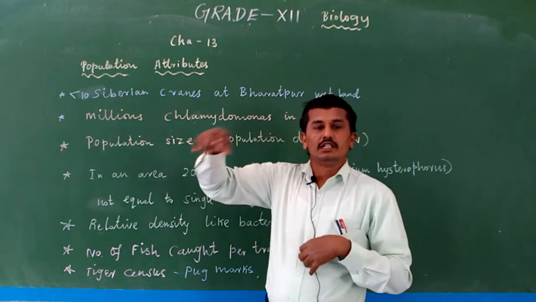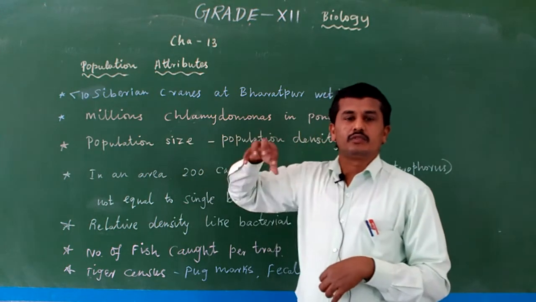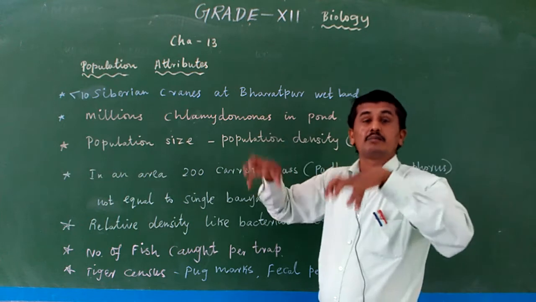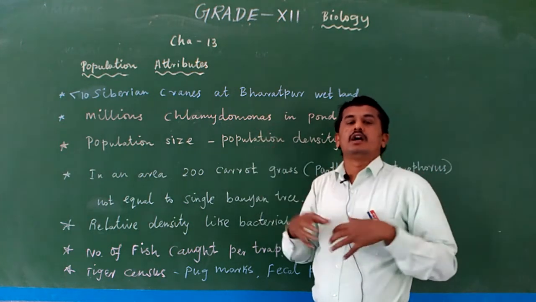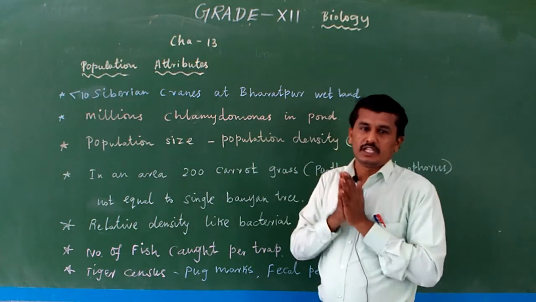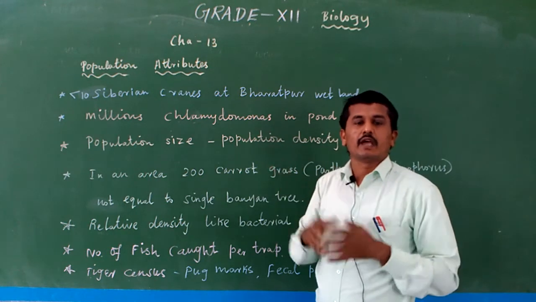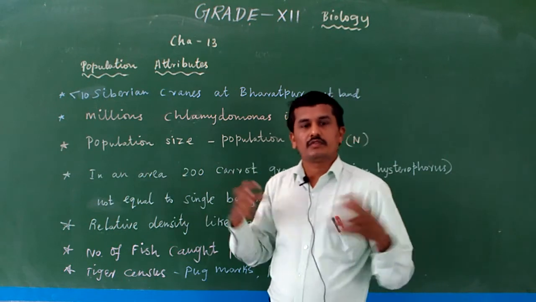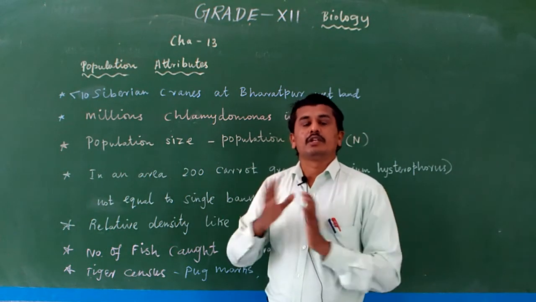So the tiger population is a group of 5 tigers. With the use of pug marks we count the population. Even in modern days we put cameras on different trees, and with camera analysis we count the particular population.